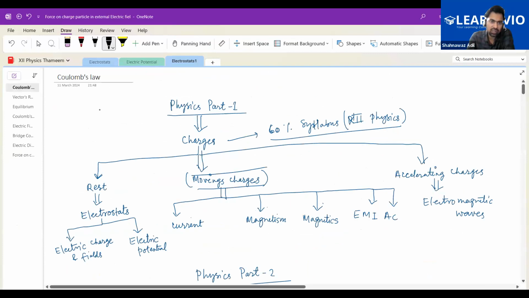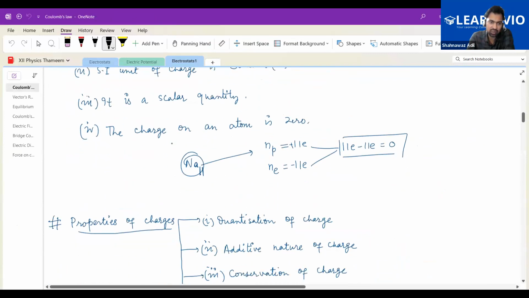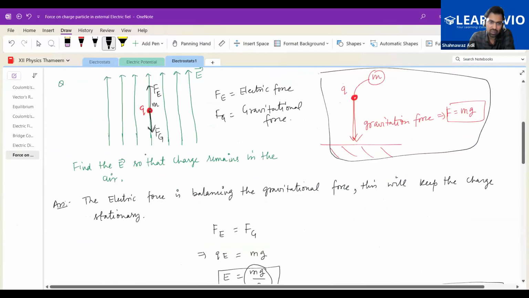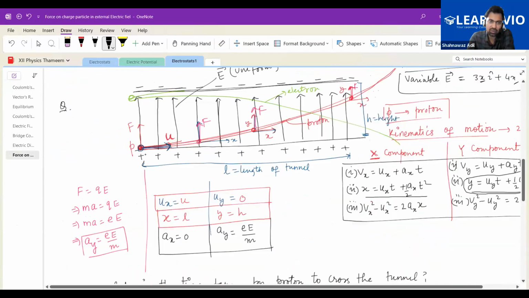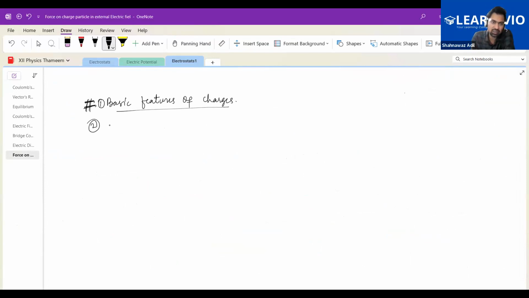Oh, we started with Coulomb's law. Yeah, basic properties we have. So firstly, we have talked about basic features of charges. This is the first thing that we have done. Secondly, we have discussed Coulomb's law.